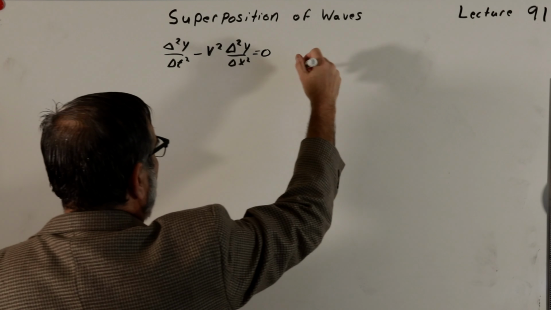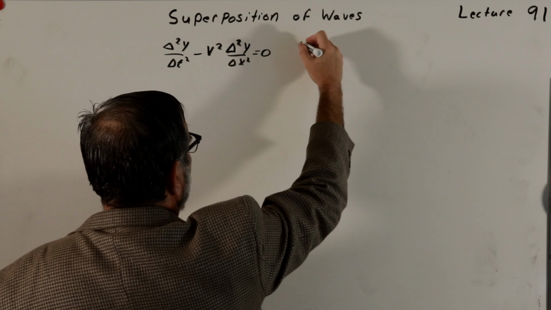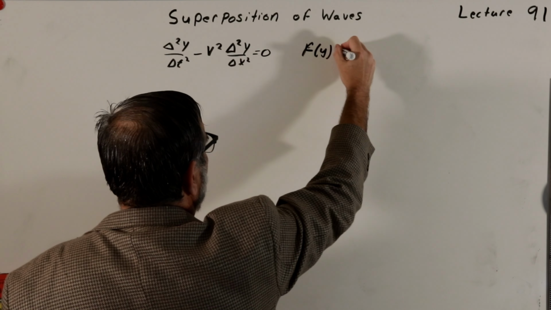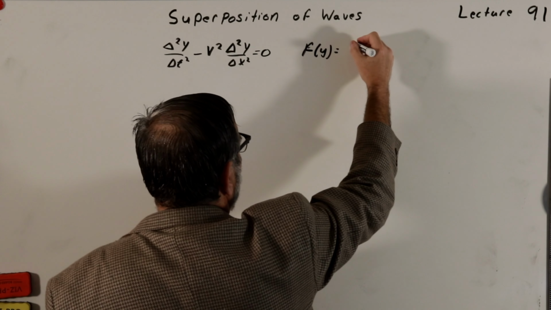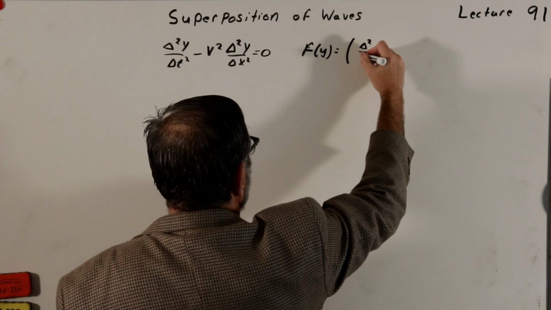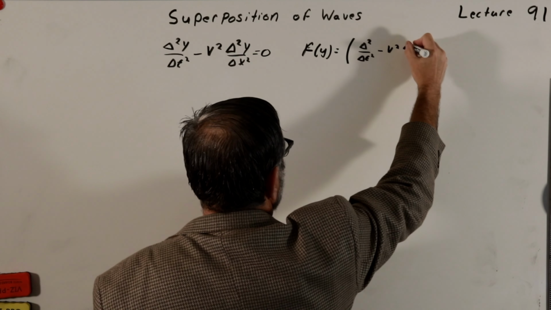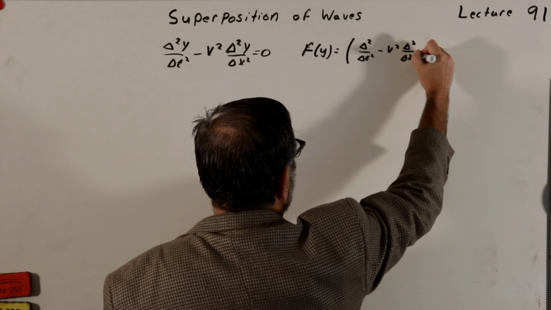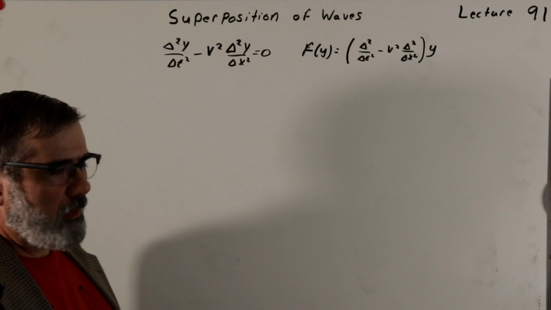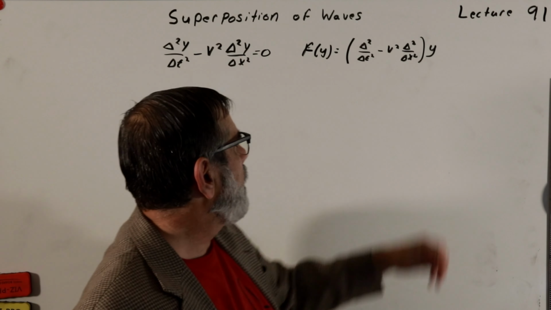I can think of this as f of y, equal to this operator, del 2 over del t squared minus v squared times del 2 over del x squared, operating on some y. You see what I've done there? It's like I factored out the y, and this thing operates on y.